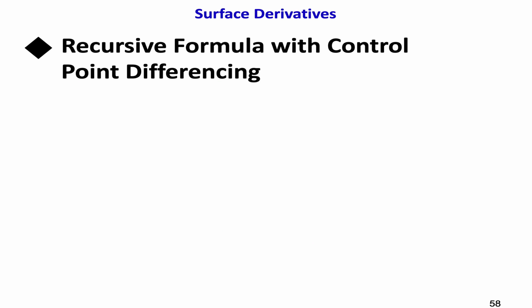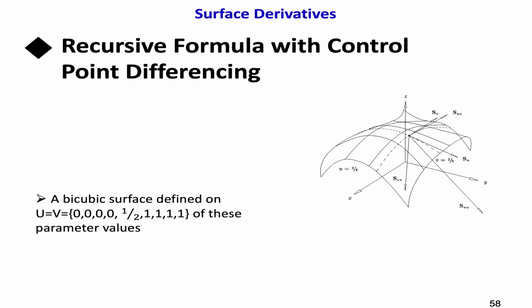Then we will discuss the recursive formula with control point differentials. This is a bicubic surface defined on these two same knot vectors.